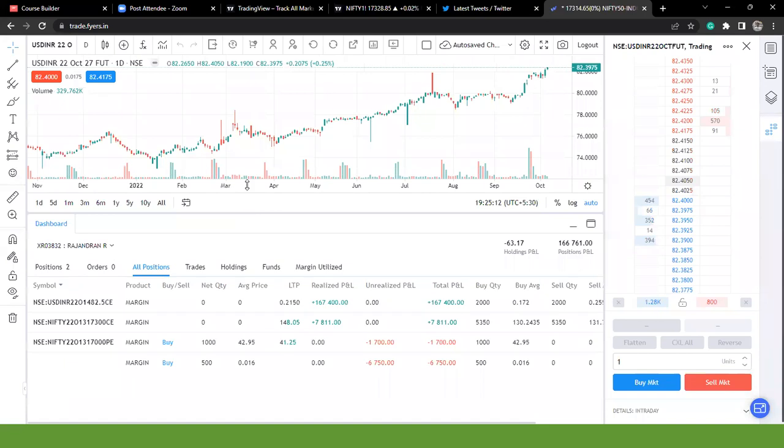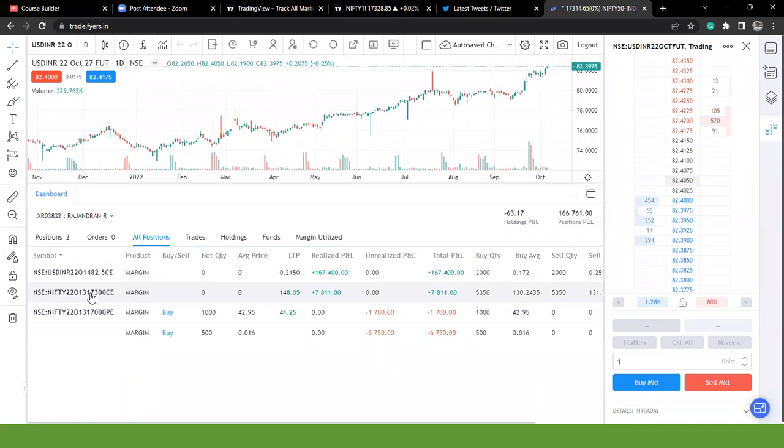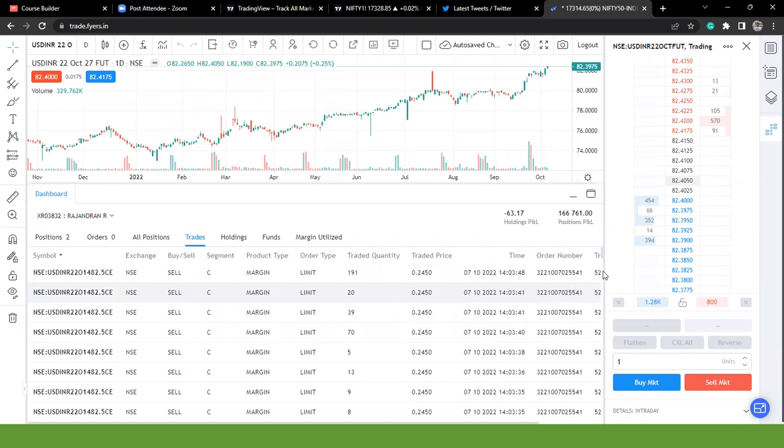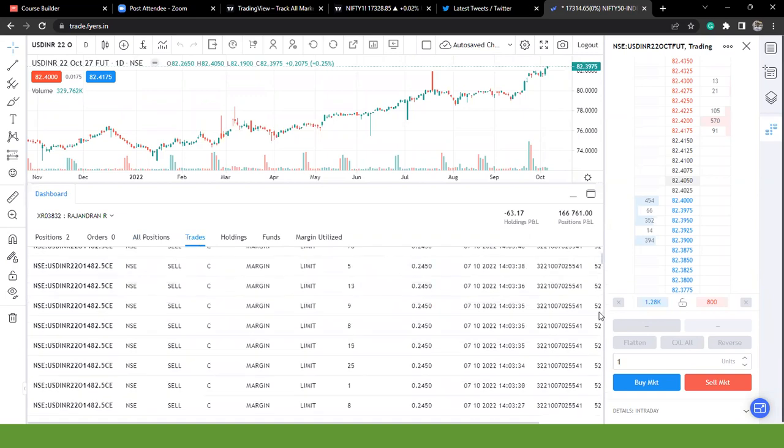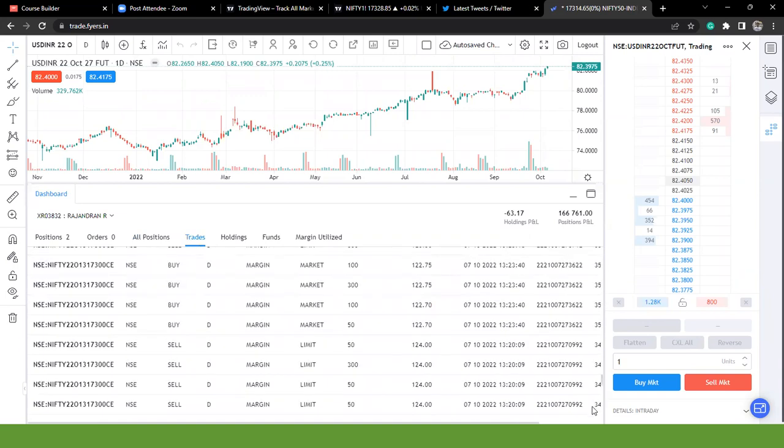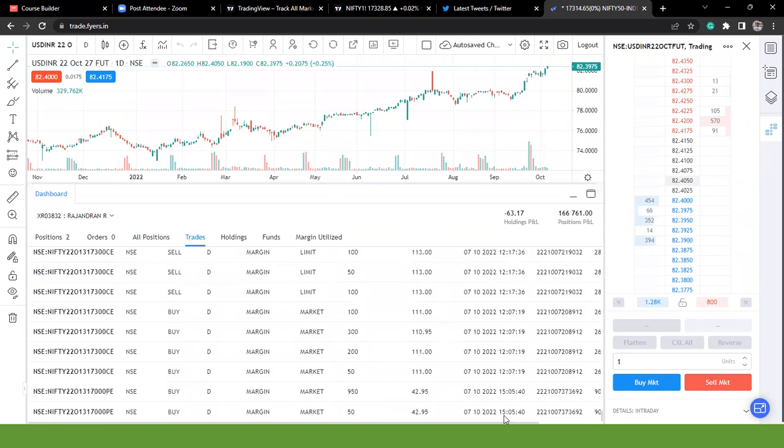So these are the list of trades which I had done. I kept on trading the 17,300 call option, at least 10 to 12 times, I think. I've been continuously trading the call options only, trading the call option, exiting, trading the call option, exiting.